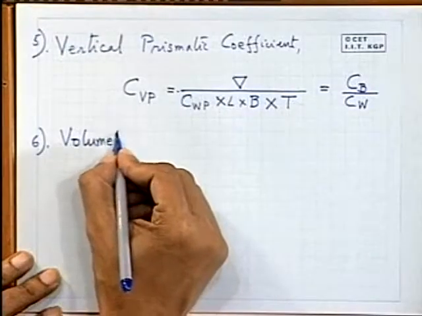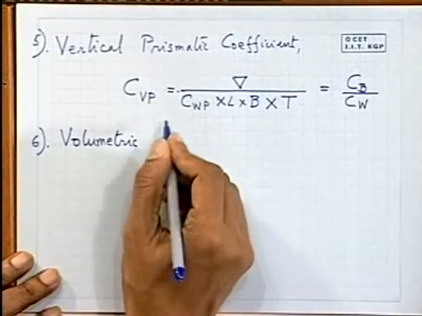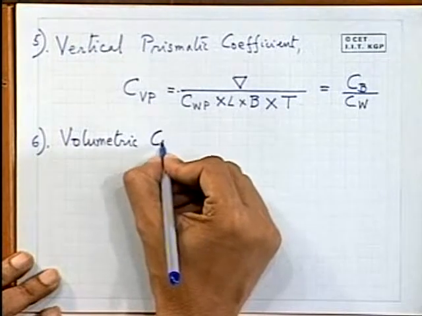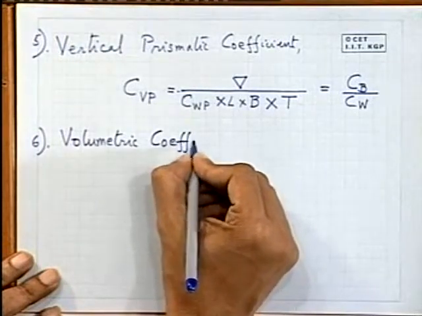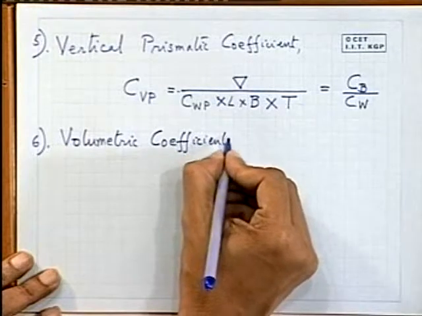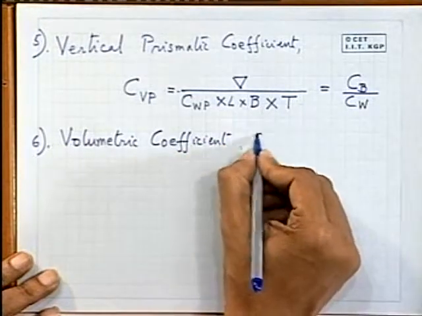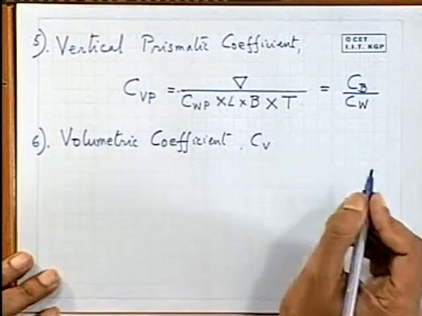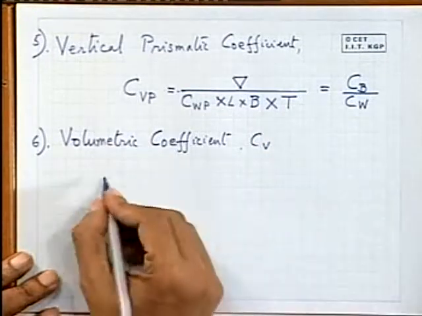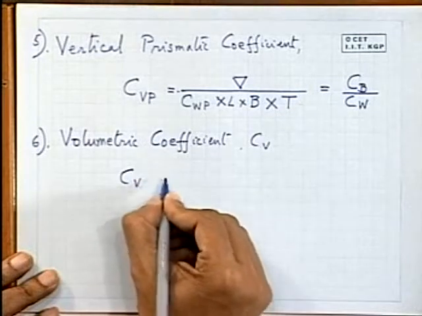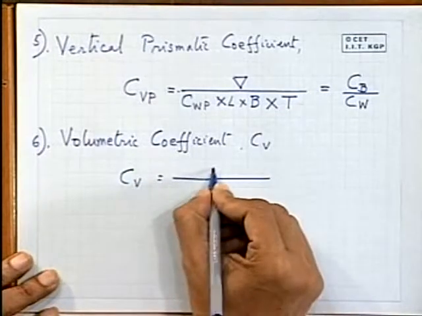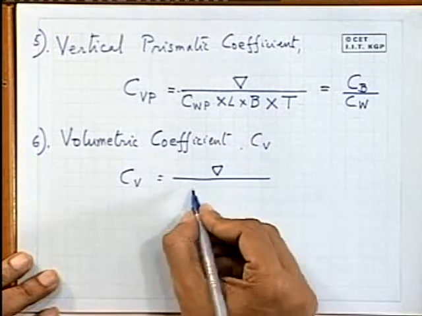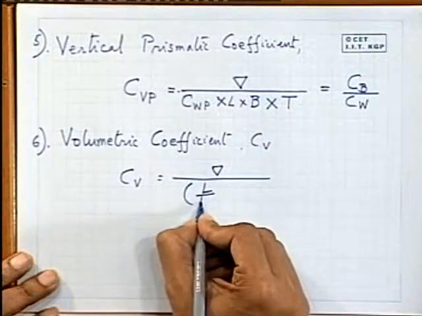The last one is called the volumetric coefficient. So this is called Cv, volumetric coefficient. Cv is your volumetric displacement divided by L by 10 cubed.